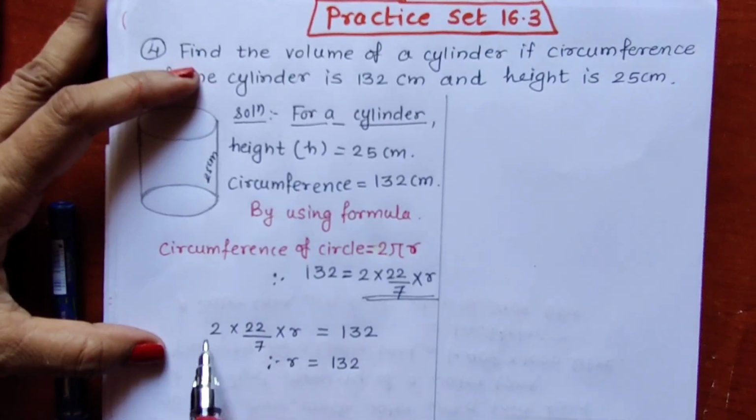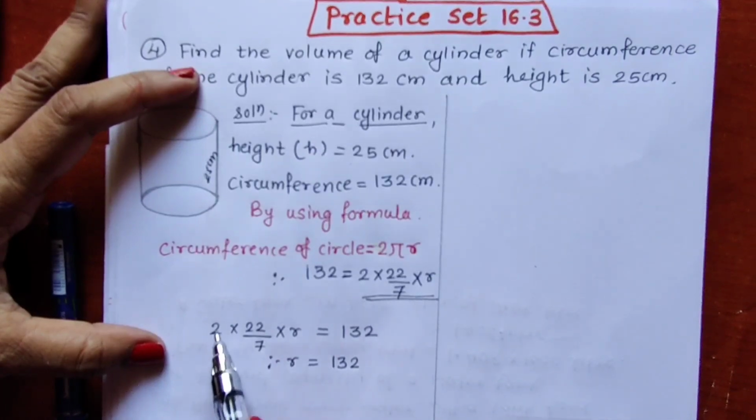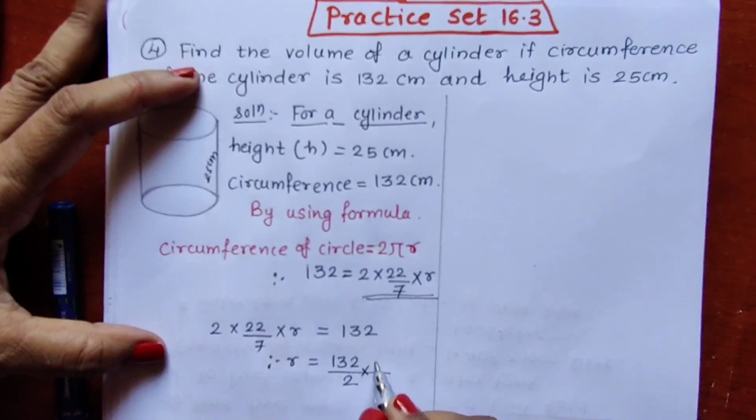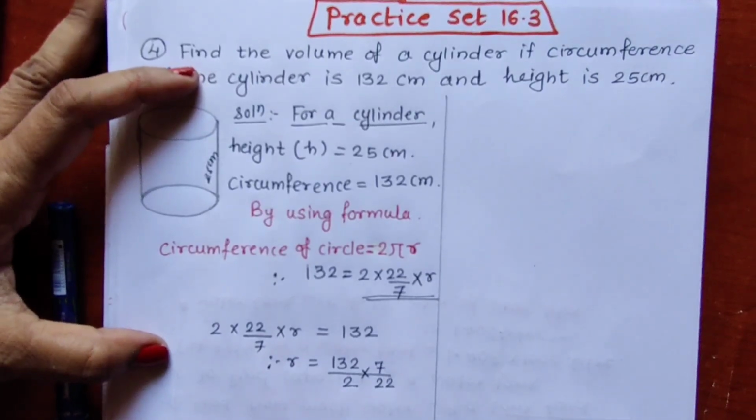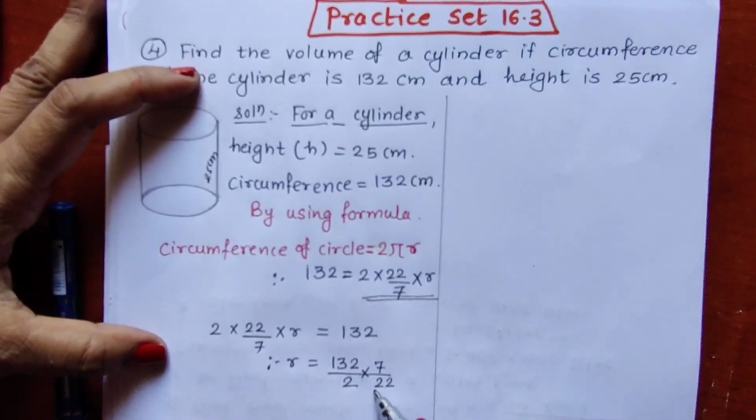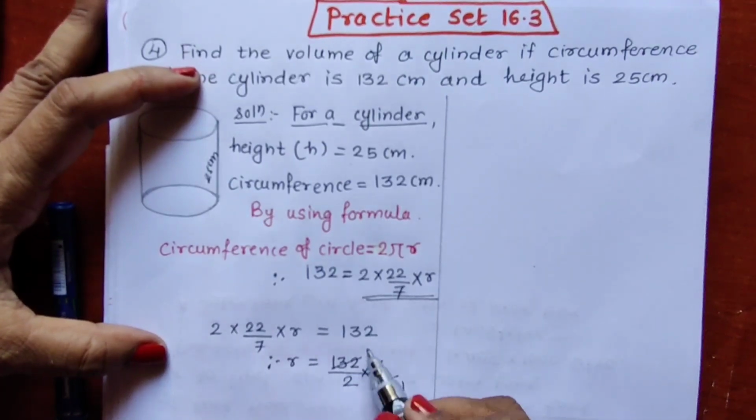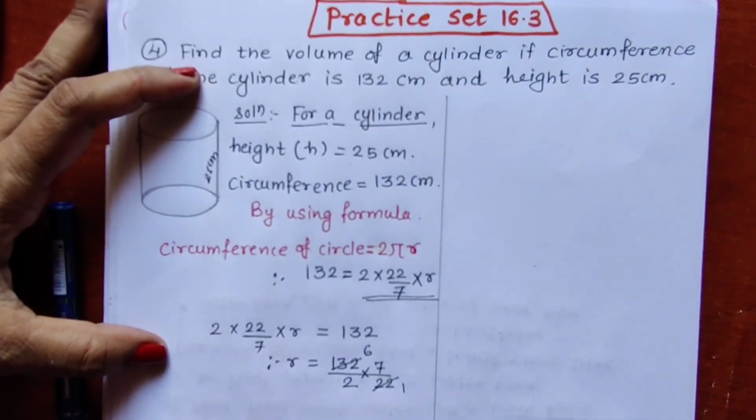So as I am transferring only the numbers from left to right, I have to change the operations between them. So this multiply by 2 will become divide by 2, and 22/7 will become 7/22. Okay. Now we can cancel these numbers. 22 ones are 22, 22 sixes are 132. We all know that.